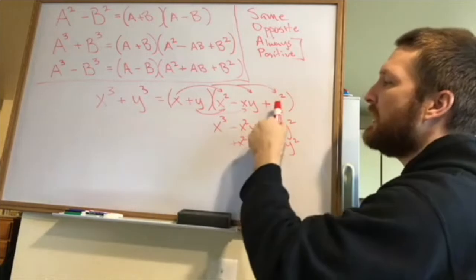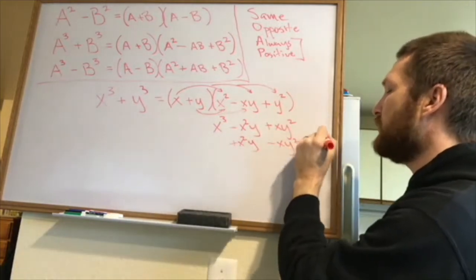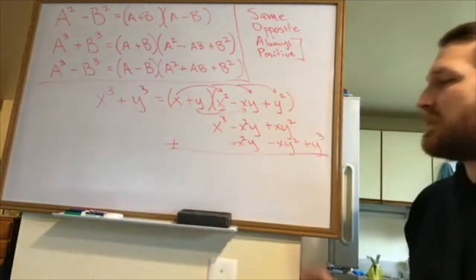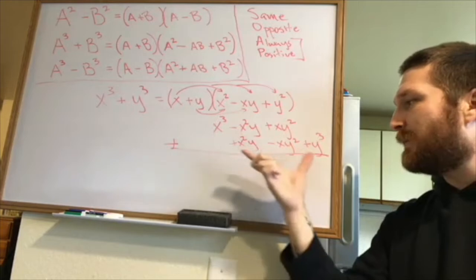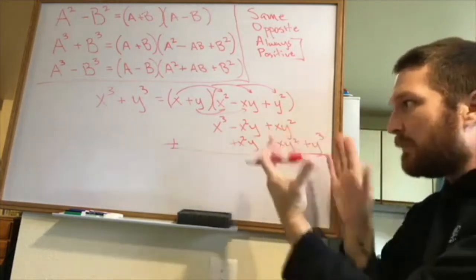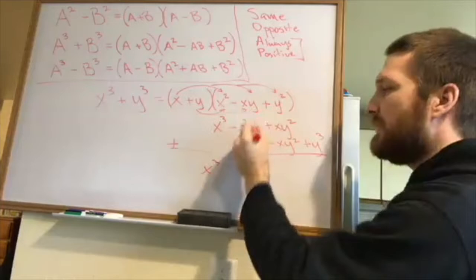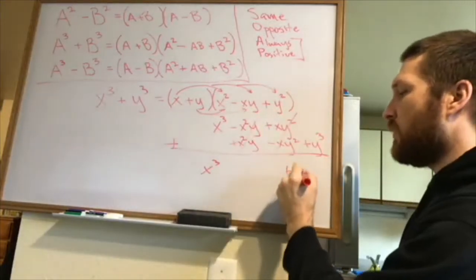Finally, y and y squared gives me a plus y cubed. Now when I add all these guys up, it's easy because I went ahead and did the hard part by putting one beneath the other and lined them up the right way. Now the x cubed is just x cubed. These guys cancel, that cancels, and I'm left with plus y cubed.